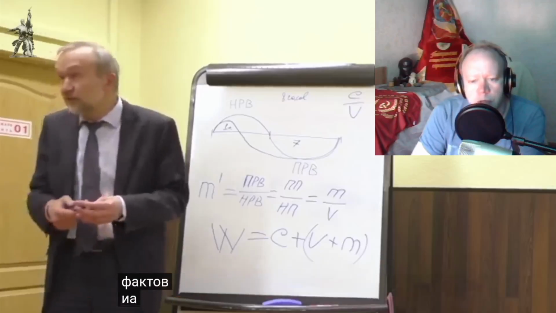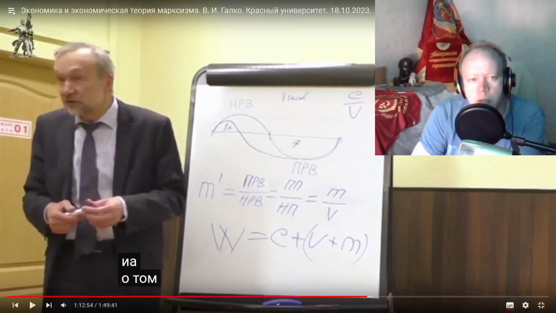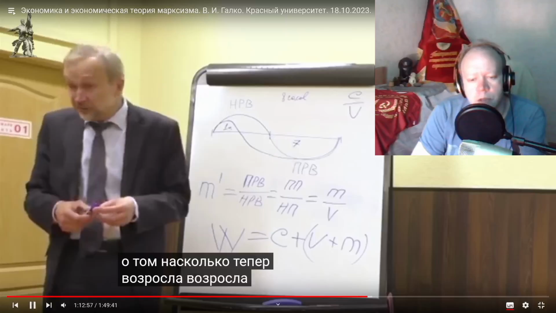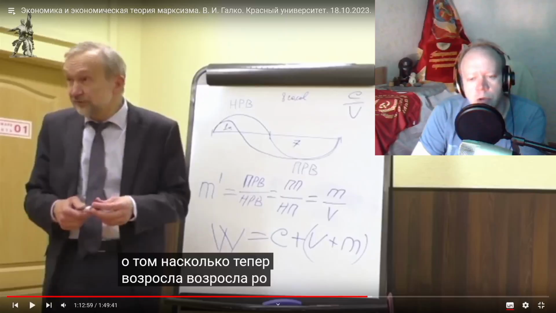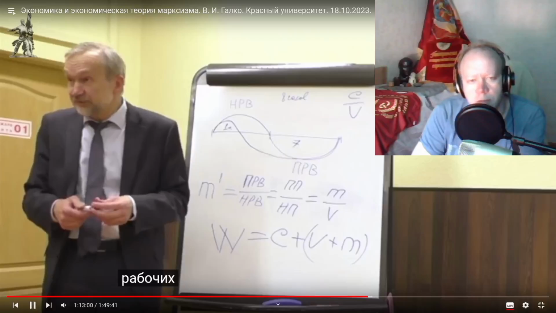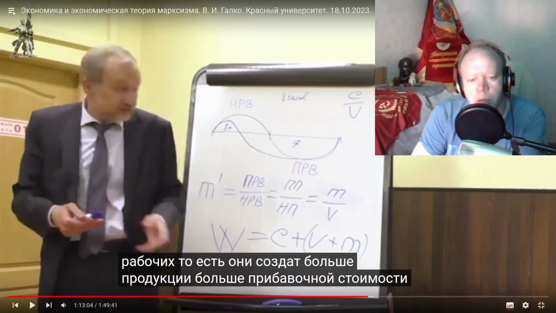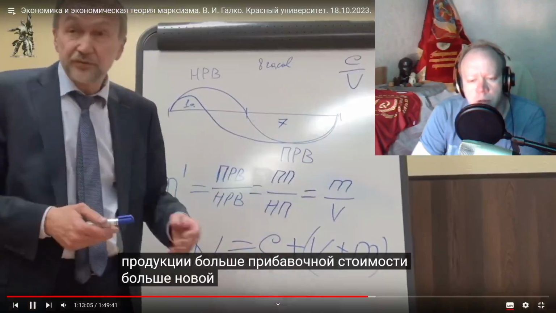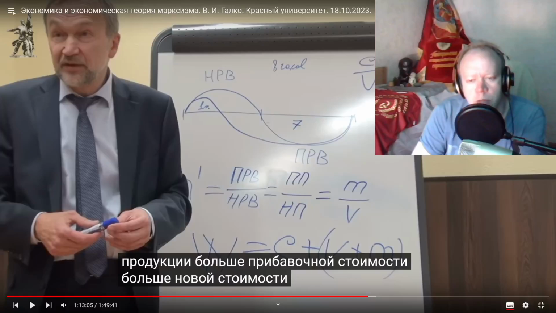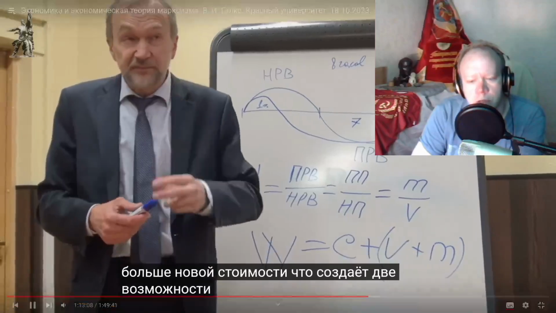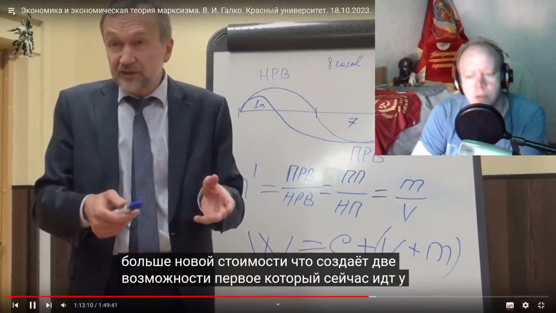So based on these facts, I make an opposite conclusion, that the role of workers actually increases, because workers create more product, more surplus value, more new value, which creates two possibilities.